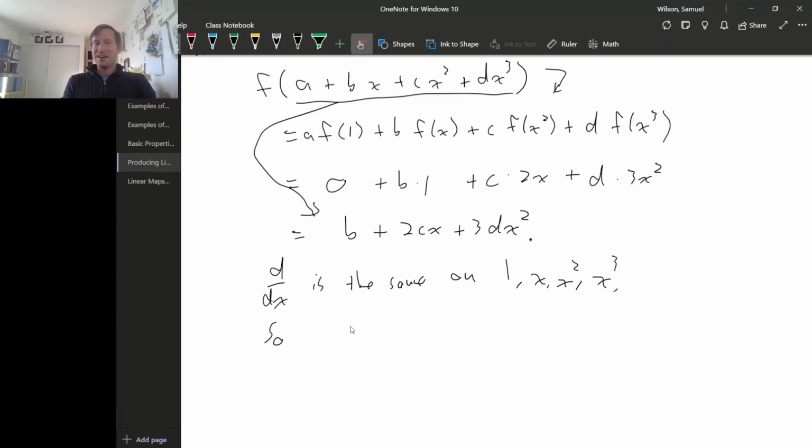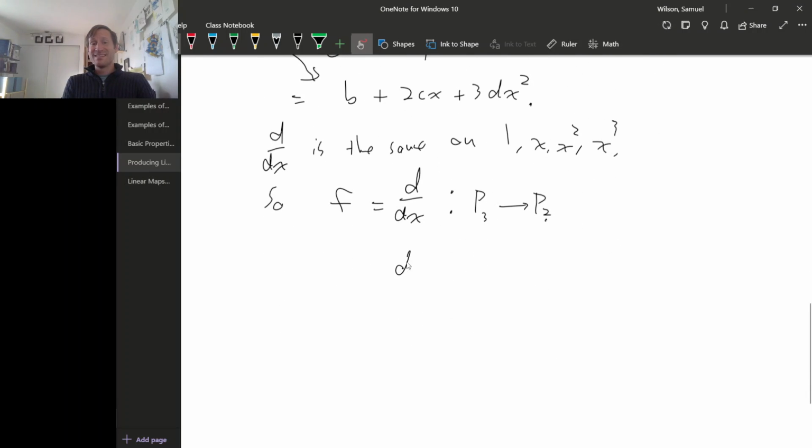So this thing I've been calling f the whole time is actually just the derivative operator. So the derivative operator is a homomorphism. It's a linear map from P3 to P2. In fact, it's more than that. It's an operator from the space of all polynomials to the space of all polynomials.